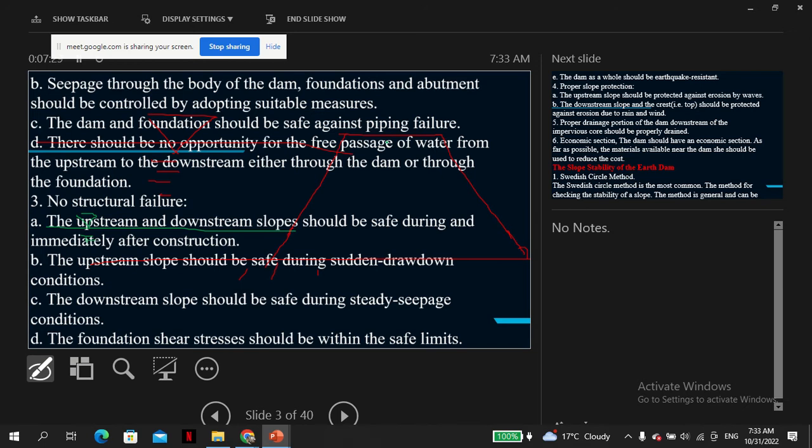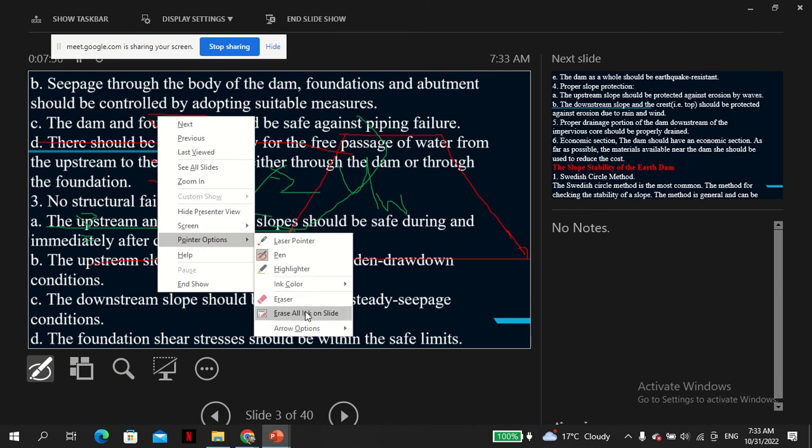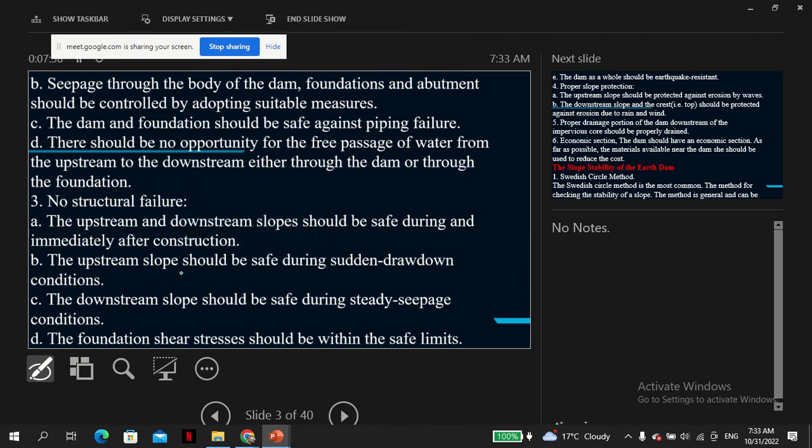This is quite dangerous because here there is a balance of pore water pressure. Once you remove the water here, the balancing action of this water is not there, and then the slope will tend to collapse. That's the issue. So even if there is a rapid drawdown, the dam should still be safe either way.